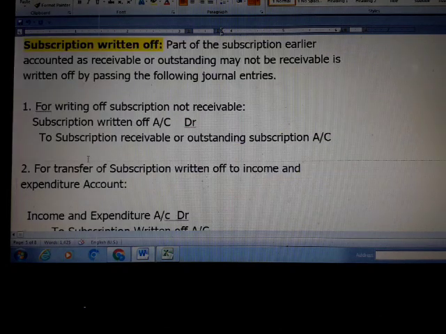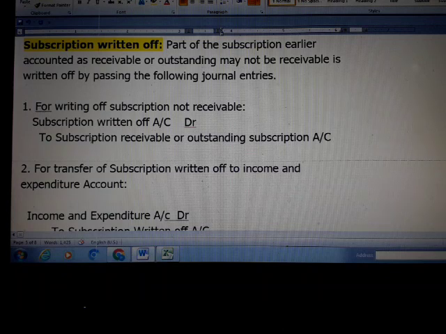Right. Well, now let's also try to understand the subscriptions written off concept. As I already said, written off is nothing but we need to just ignore it, which means the amount will not turn up. It is like a bad debt, like a loss.